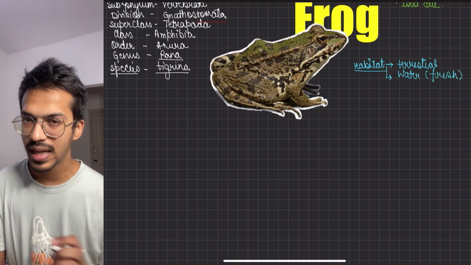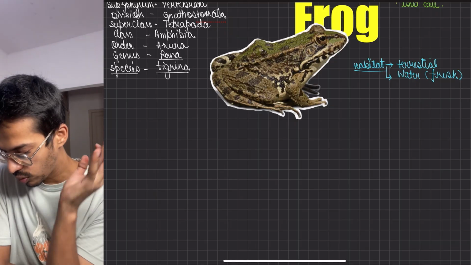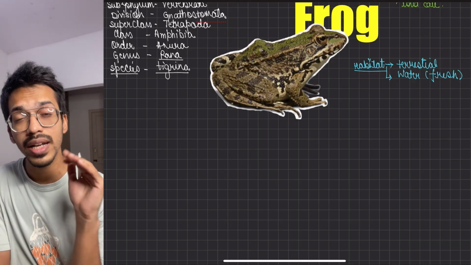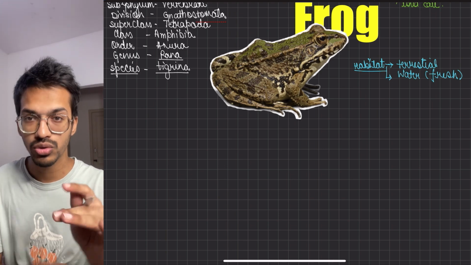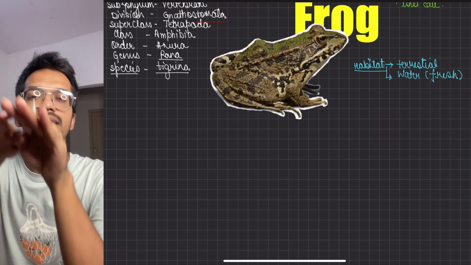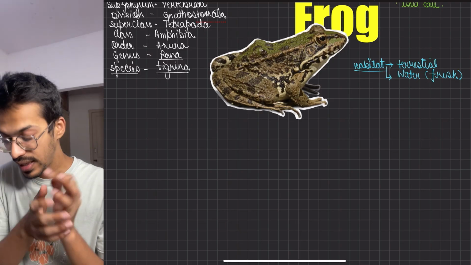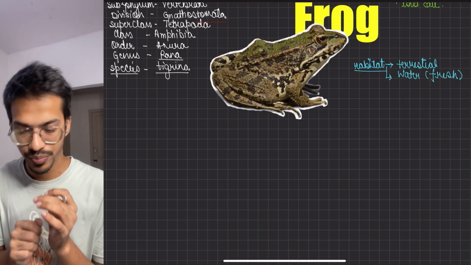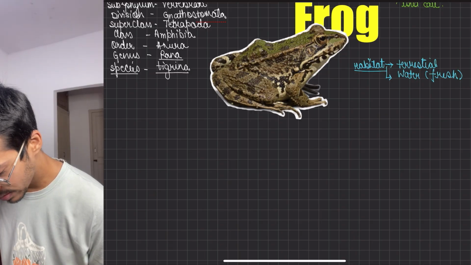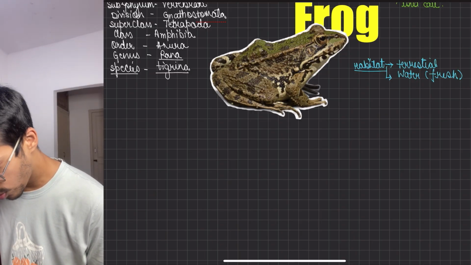Now after that, let's see the habits. First of all, we go through the locomotion. So it is a leaping and jumping kind of locomotion, like tink tink, it moves this way. It can even climb on the trees or on the walls. So habits are what?